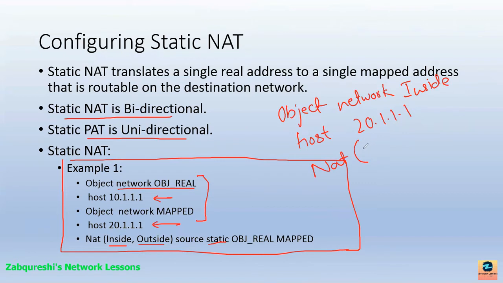So this is basically always the high address, and this is the low security level address, and this is always and always the high security level address. Understand?